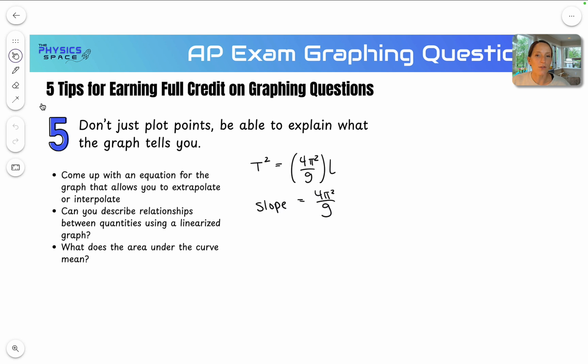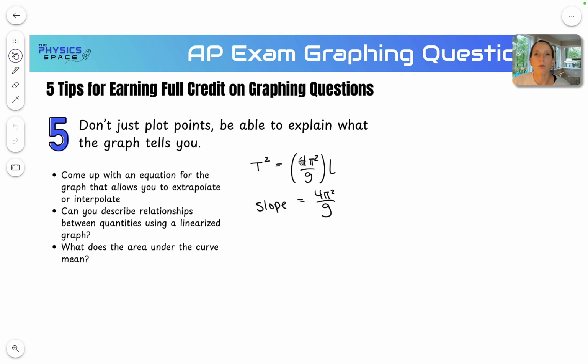If I calculate the slope of my linearized graph using 2 points that are on the graph, and it would be important that we always choose points that are actually on the graph, or on our trend line, I should say, and I come up with the slope, I can calculate that value for g and answer that part of the question.